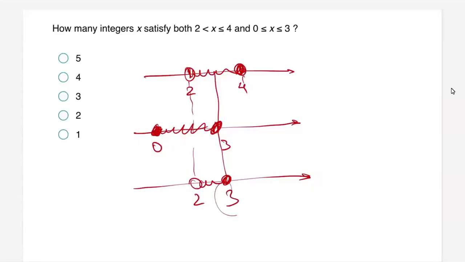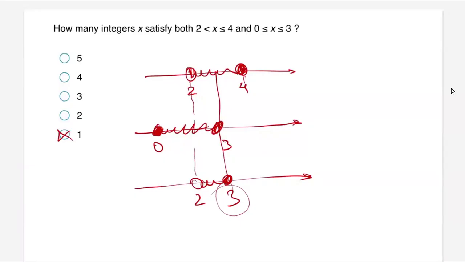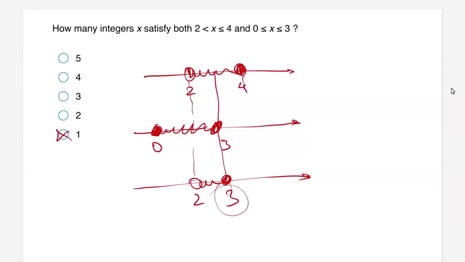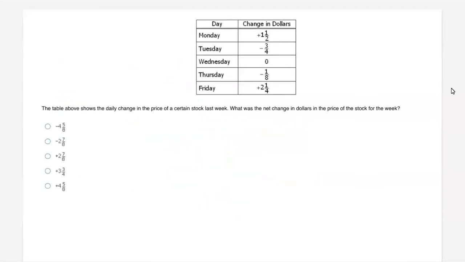So the only integer is 3. Okay? Just one integer satisfies both conditions. Is that okay? I'm sorry. Thank God the questions are very easy. Okay, let's continue.